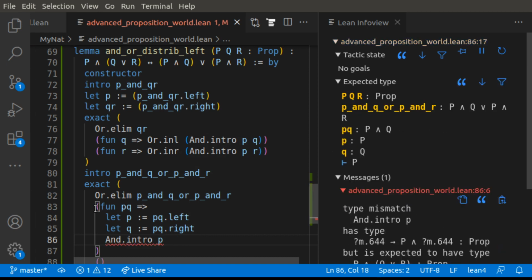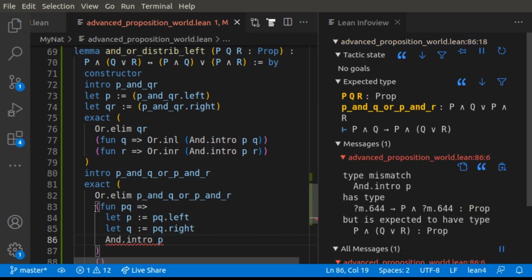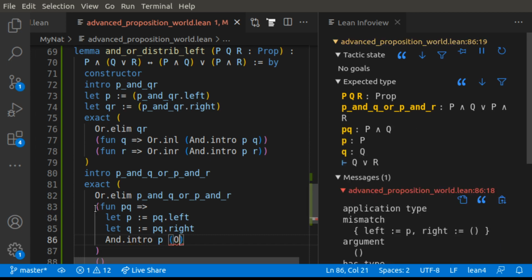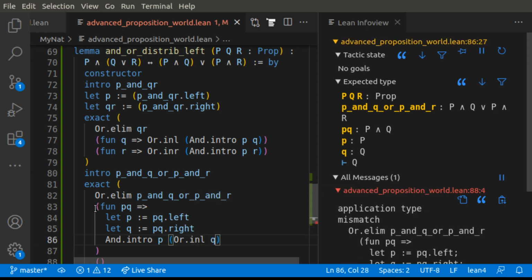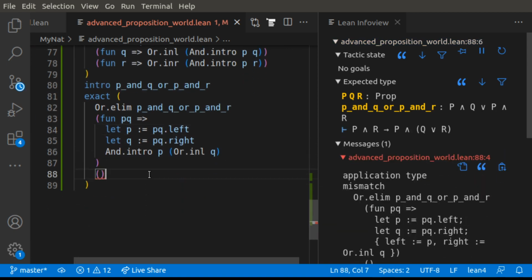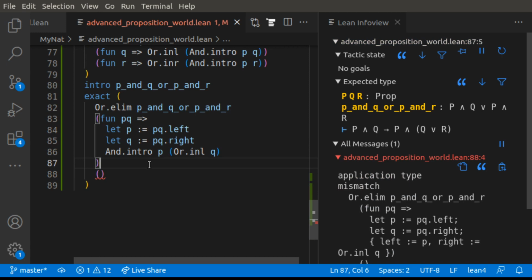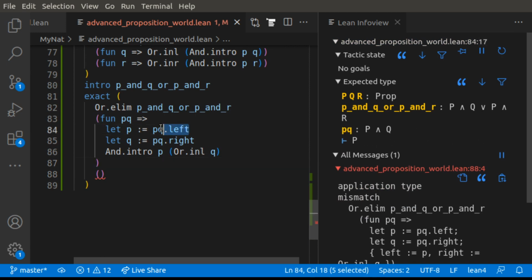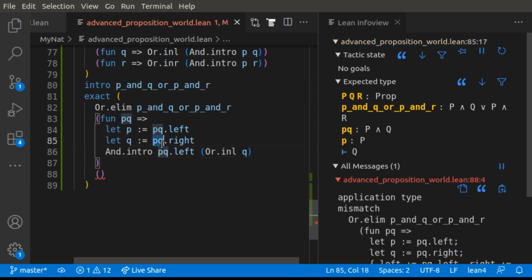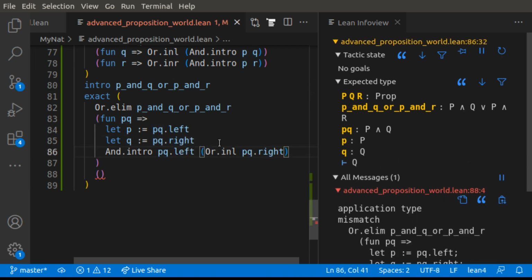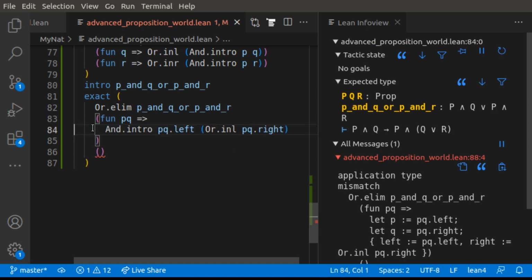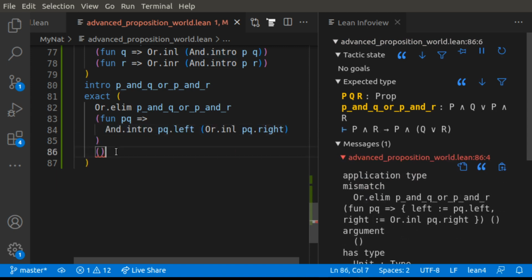Now we just need Q and Q or R. We have Q, so that's or dot INL Q. Heck yeah. Okay. We can obviously simplify this to P Q dot left, P Q dot right. These are no longer used.